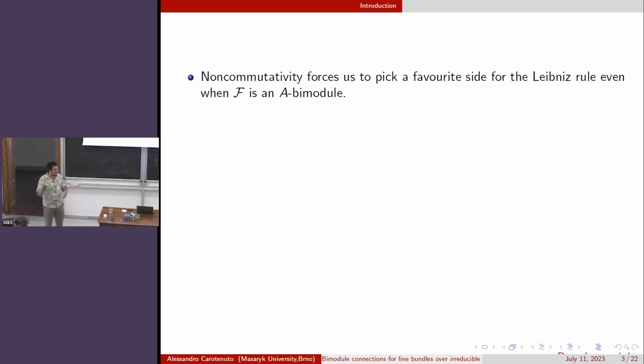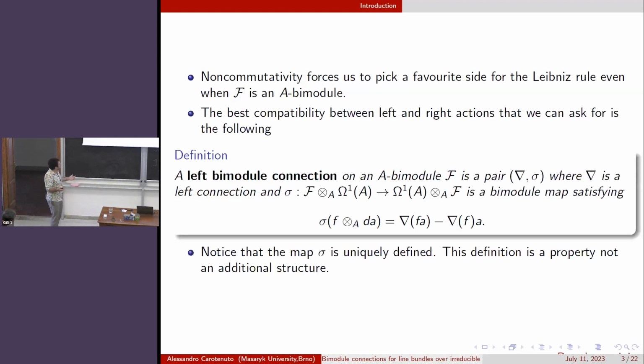And what happens then is that, in a way, non-commutativity forces us to pick a side. We cannot ask to have the Leibniz rule both on the left and right side with respect to both the actions that define the bimodule. And the second best thing that people came up with was the definition of a bimodule connection.